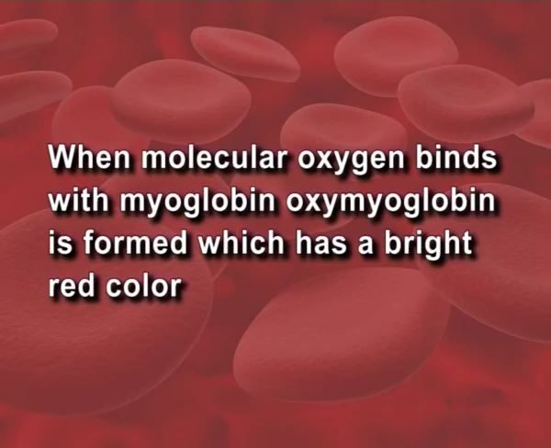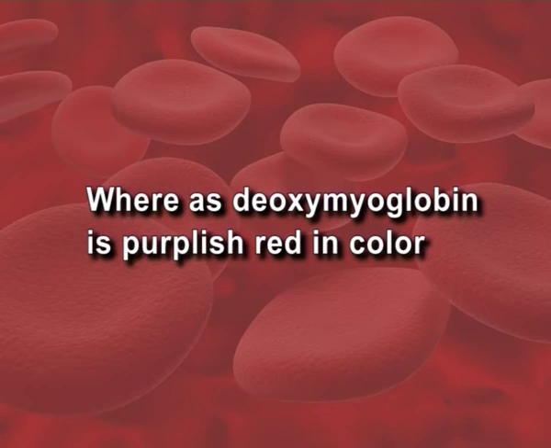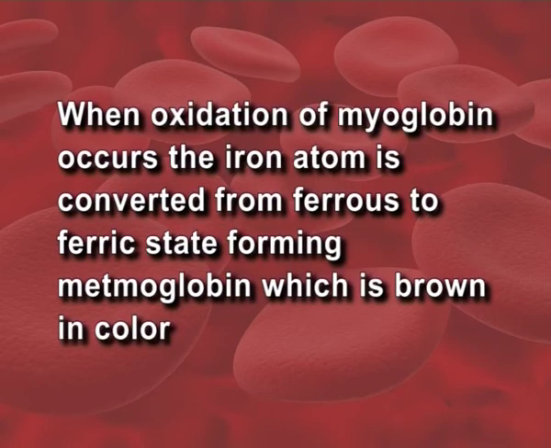When molecular oxygen binds with myoglobin, oxymyoglobin is formed, which has a bright red color, whereas deoxymyoglobin is purplish red in color. When oxidation of myoglobin occurs, the iron atom is converted from ferrous to ferric state, forming metmyoglobin, which is brown in color.